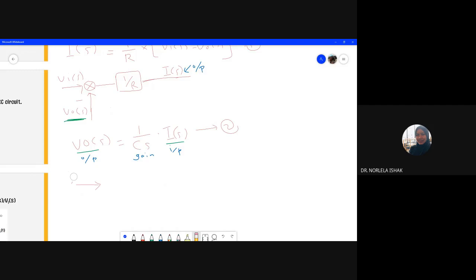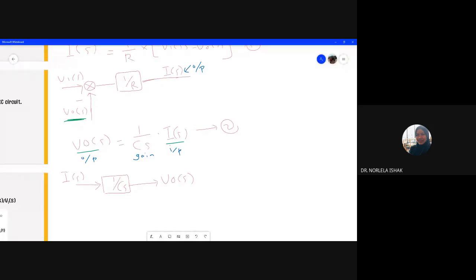Our input is a current. Okay, this is IS. IS input, and what is our output? Our output is a voltage. Okay, this is the second block. Okay, from here we combine.